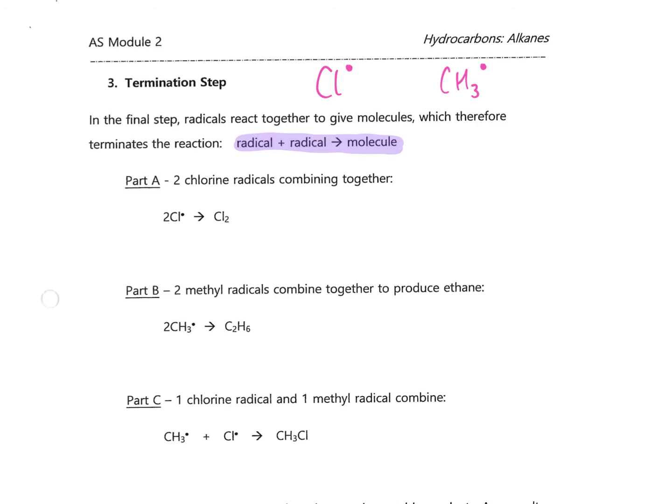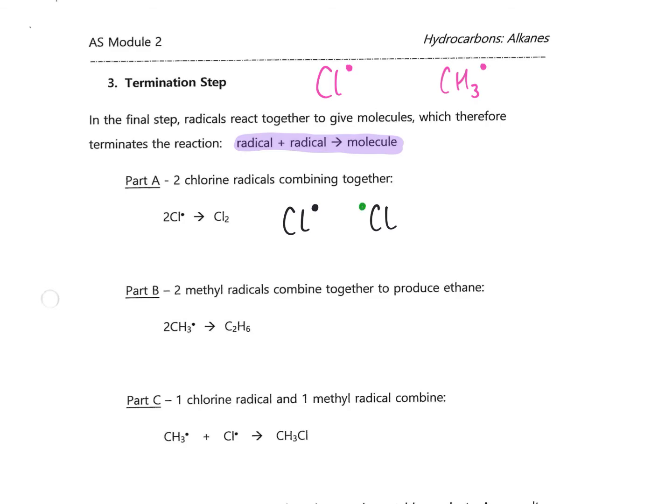So part A represents two chlorine radicals coming together, and let's just show the mechanism of this so that you can understand what's happening here and why these ultimately terminate and do not form radicals anymore. So we've got a chlorine radical, which we'll represent with a black unpaired electron. And then we've got a chlorine radical, which we'll represent with a green unpaired electron.